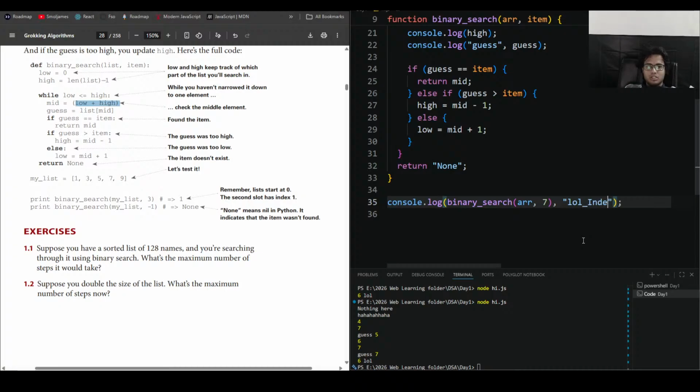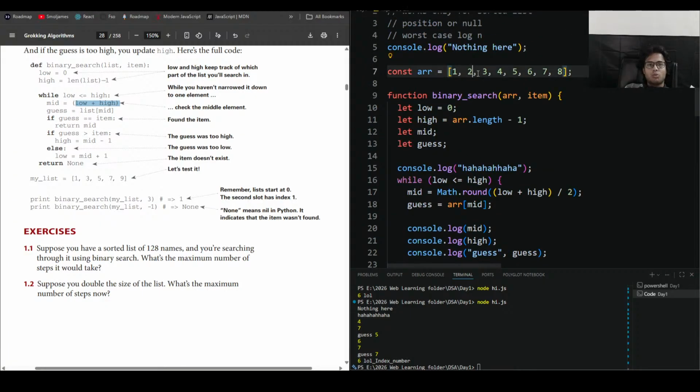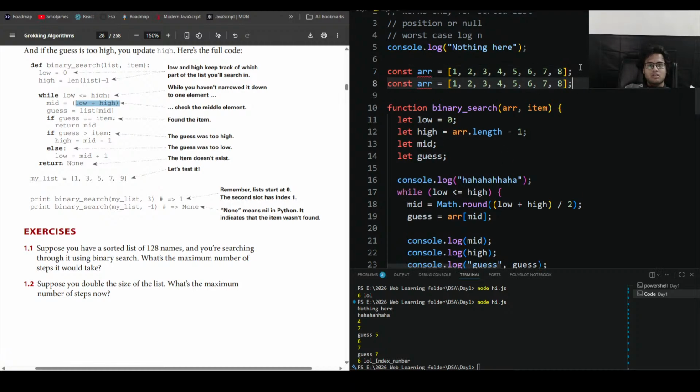Lol index number, six. Zero, one, two, three, four, five, six. We have like two. Okay, it's just an example.